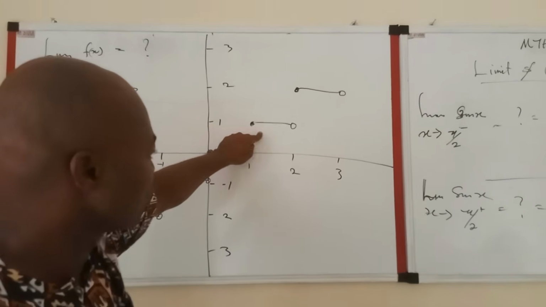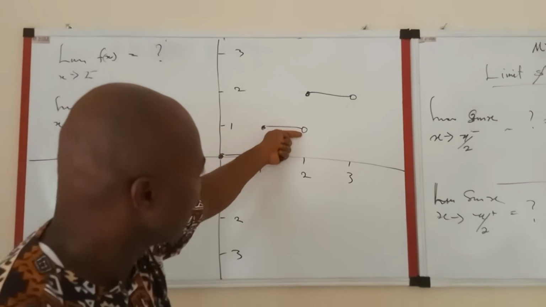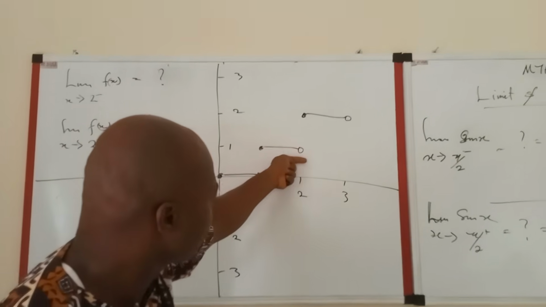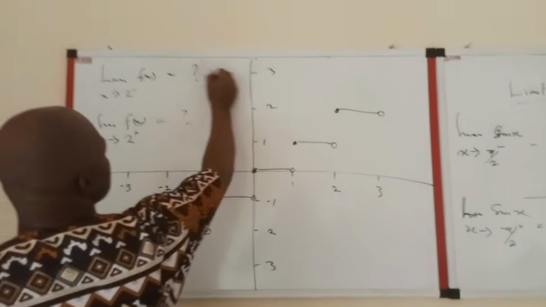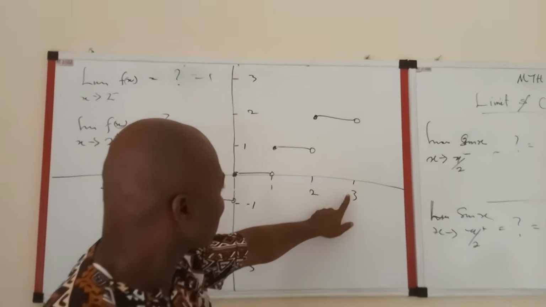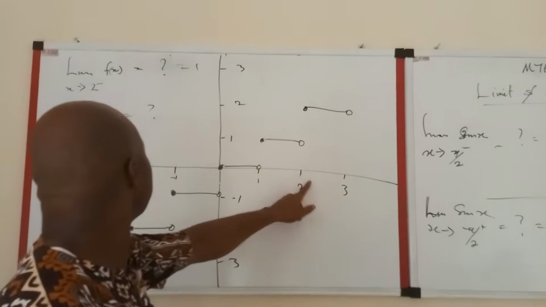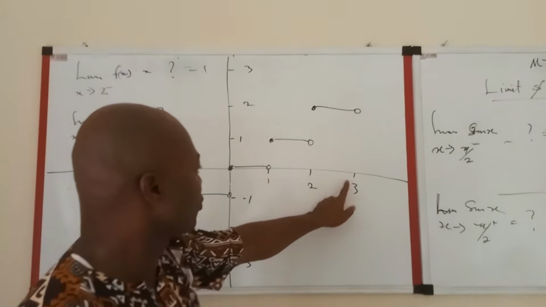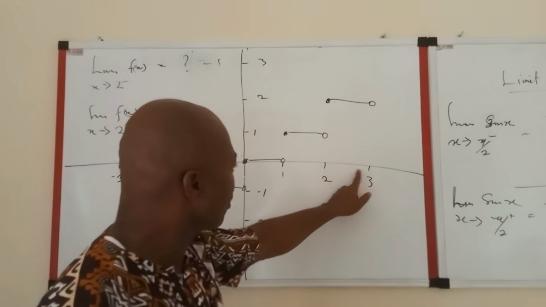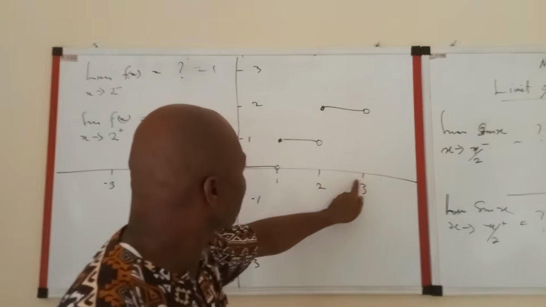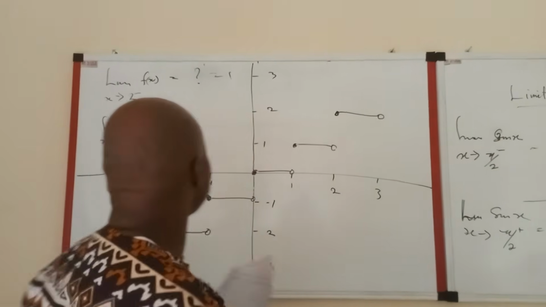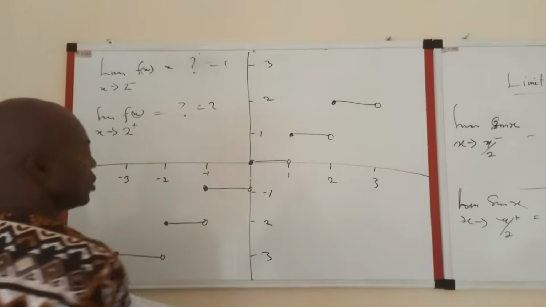Okay? It's a constant function. As x tends to 2 on this side, this is the function, and it corresponds to 1. Now, as x tends to 2 again from the right, based on what we have, this is another function. Okay? And you see that it corresponds to another value equal to 2. Now, look at it.